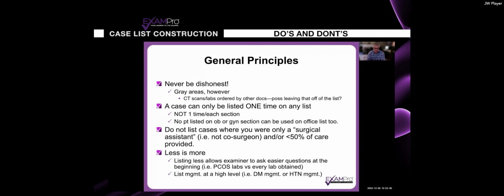So if you list every single lab, they're not going to ask you basically to read your list to them. They can read just as well as you can. And it ends up acting as a crutch for you because you're afraid you're not going to remember them. I would encourage you again not to list every single lab. So again, high level: PCOS labs.